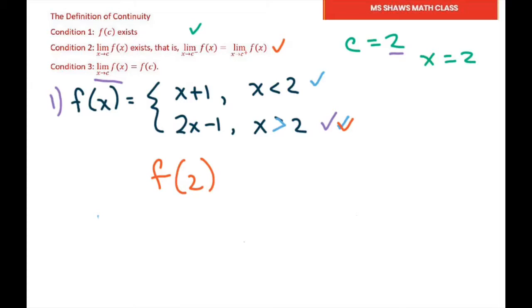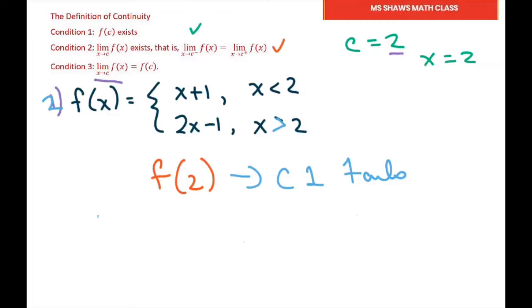There's no place to put f of 2. We can't put it in the first one, and we can't put it in the second one because there's no equals there. So condition 1 fails. And we don't even need to go on to conditions 2 and 3. So for our second one, it's not continuous at x equals 2.